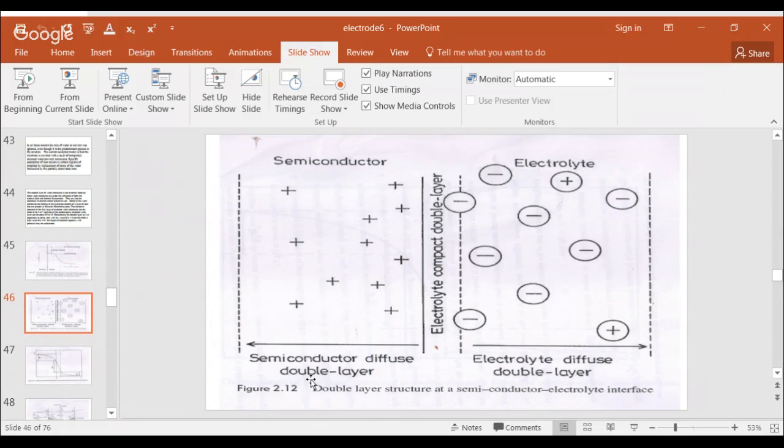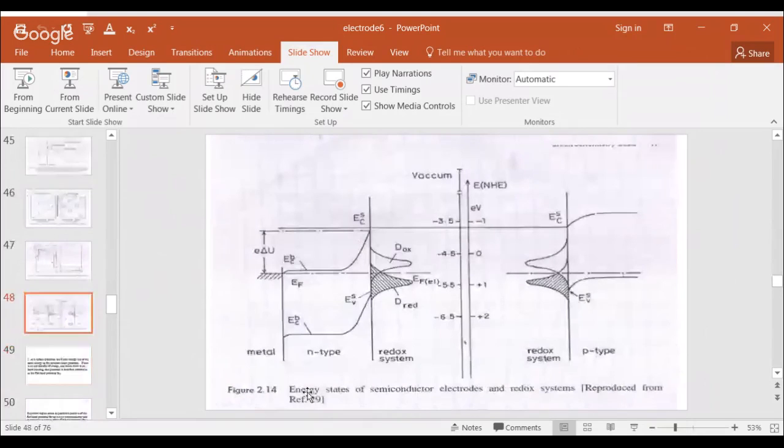When we are calculating, you said that we want to add one more factor for the semiconductor, along with the diffuse layer.